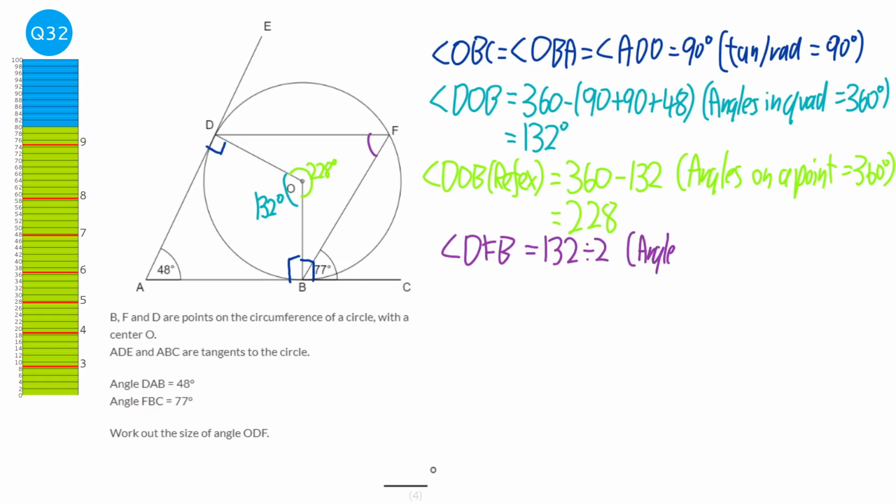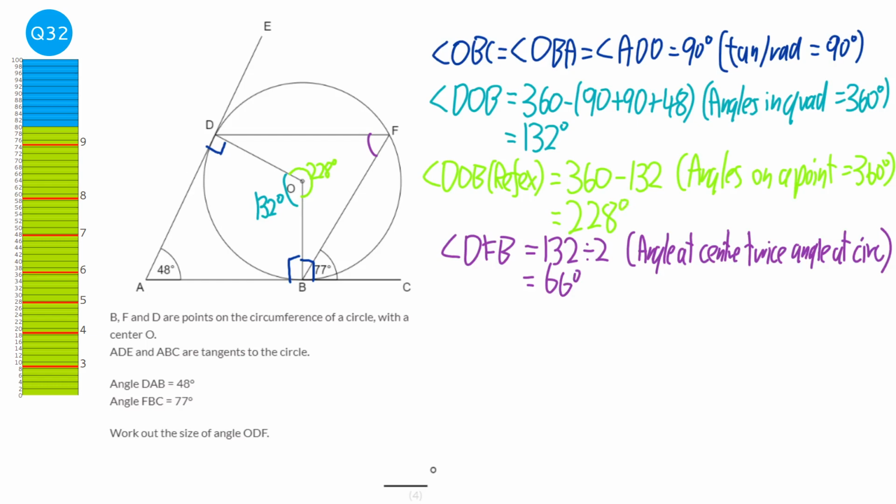Angle at centre twice angle at circumference. Okay, so when we halve that, 132, we're going to halve it, so that's 66 degrees. We should re-put degrees on these.